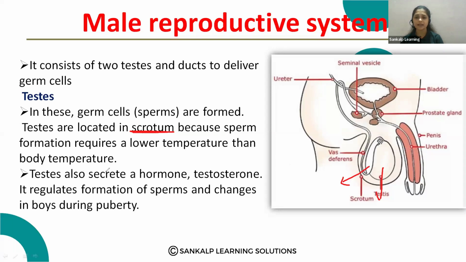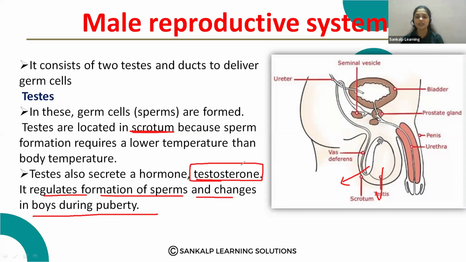Okay. And one more function of the testes, they secrete the hormone called testosterone. What is the function of the testosterone here? The testosterone regulates the formation of sperms, and it also helps with the changes in boys during puberty.